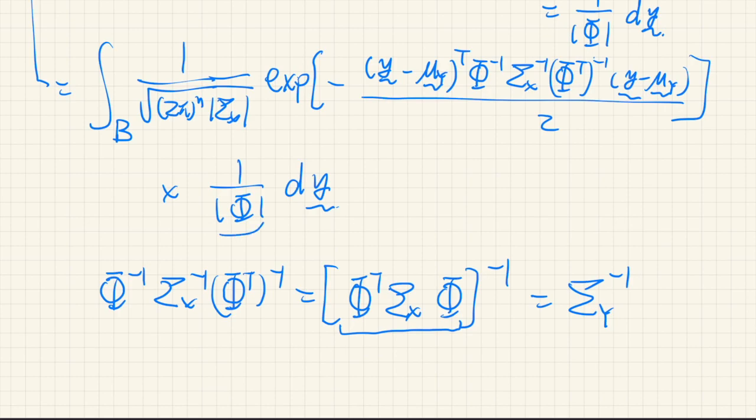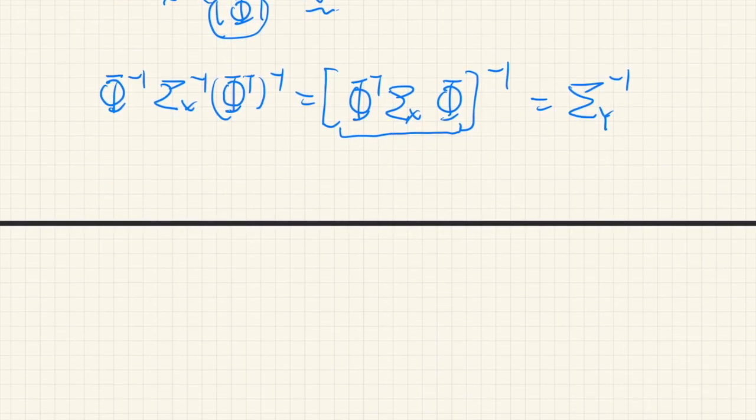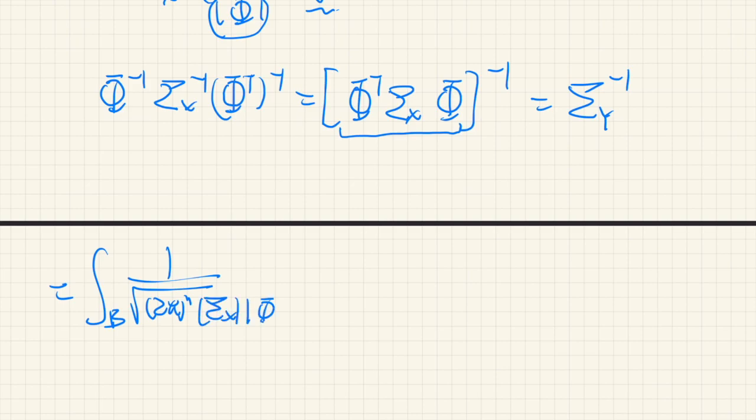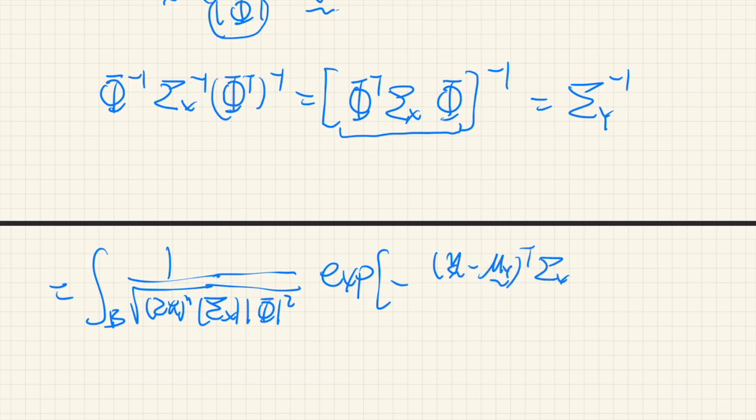And also, let's put this one inside this square root, so it becomes squared inside the root. Okay, so now the integral becomes 1 over square root of 2 pi to the power of n, sigma x determinant times phi determinant squared. And we have exponential negative y minus mu y transpose sigma y inverse y minus mu y over 2, dy.